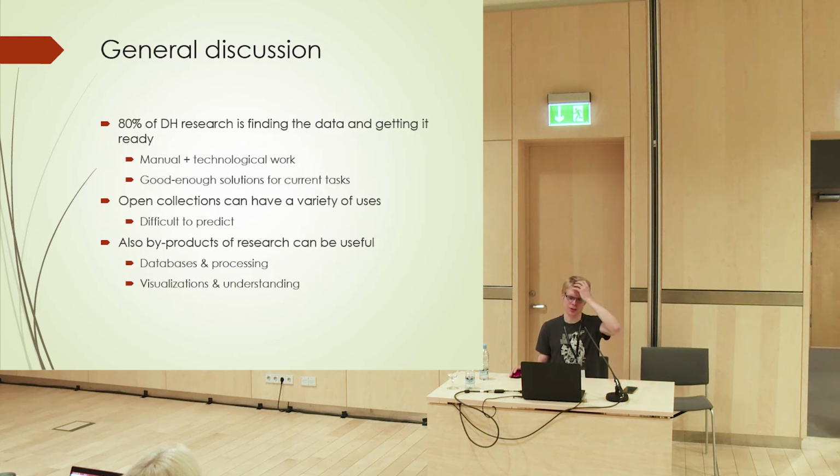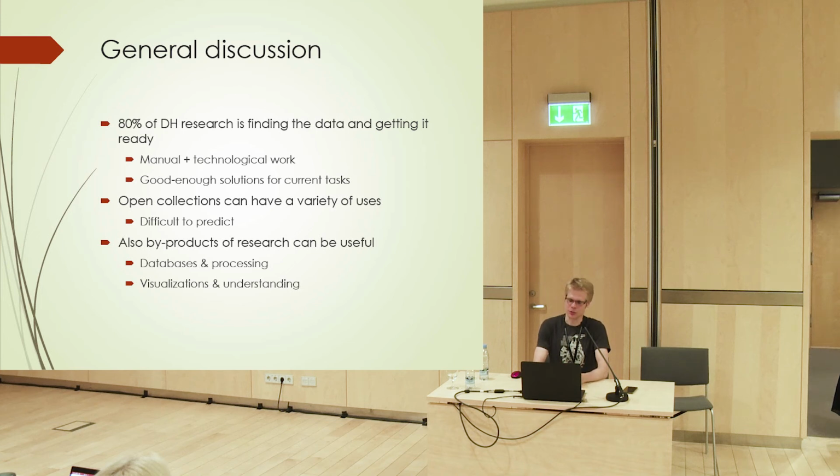And to give it a little bit of a general context, so this was one project. It grew maybe bigger than was anticipated, but I think it's something to expect usually, that in digital humanities research, at the moment, around 80% of the work is finding the data and getting it ready in a nice form.